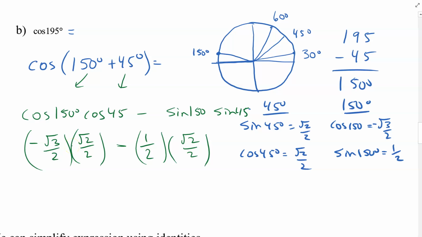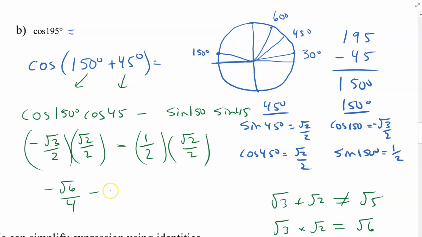Notice root 3 plus root 2 is not equal to root 5, but root 3 times root 2 is equal to root 6. Multiplying works. So I'm going to get negative root 6 over 4 minus root 2 over 4. What do I get as a final answer? Negative root 6 minus root 2 all over 4, and that would be my answer.